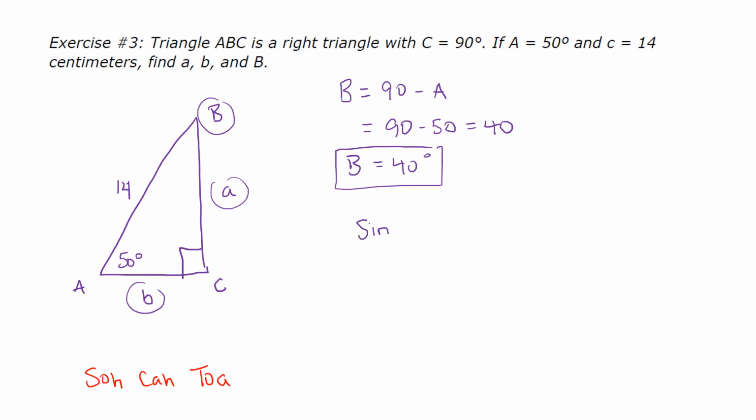Sine of A would be the opposite, so that would be A over the hypotenuse, which would be C. So if I want to find A, I would have to multiply sine of A times C.